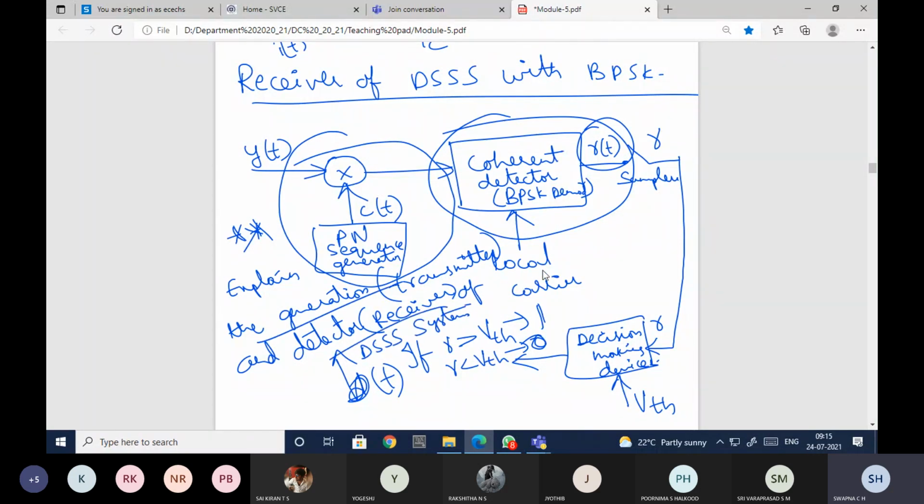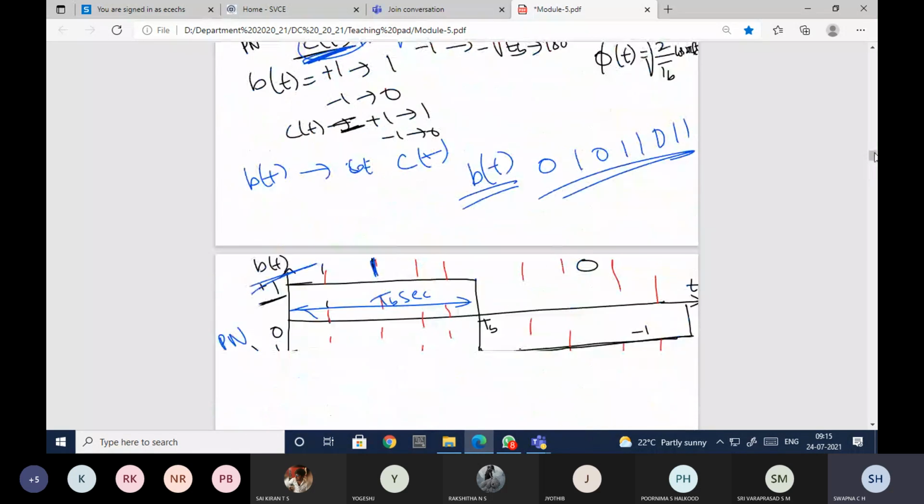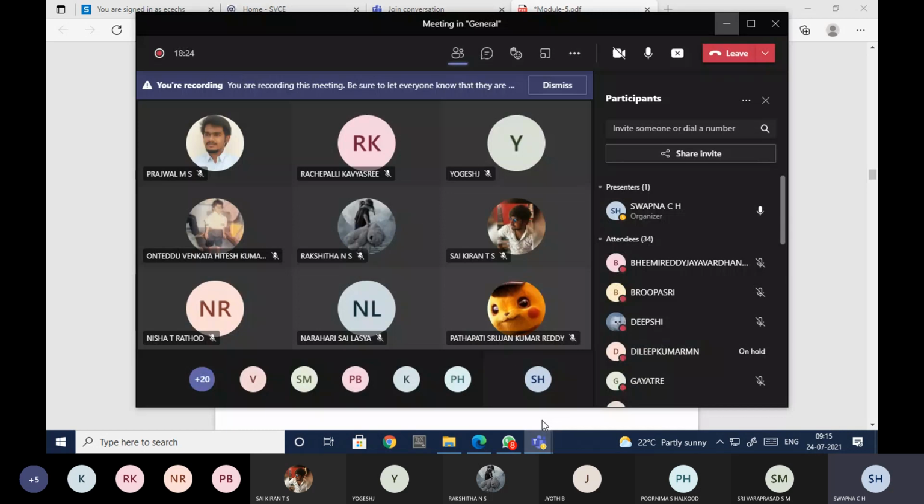In that case you need to explain the transmitter part that I have explained with the diagrams, and then explain the receiver part with the diagrams. So this is a very important question. Hope this is clear to all of you. Is it clear how the DSSS transmitter and receiver work?